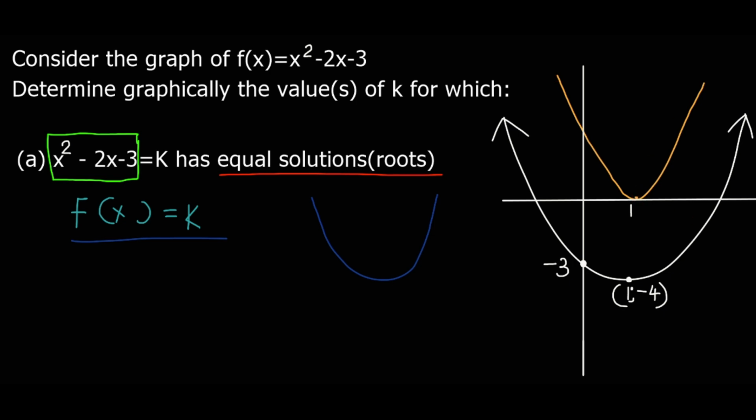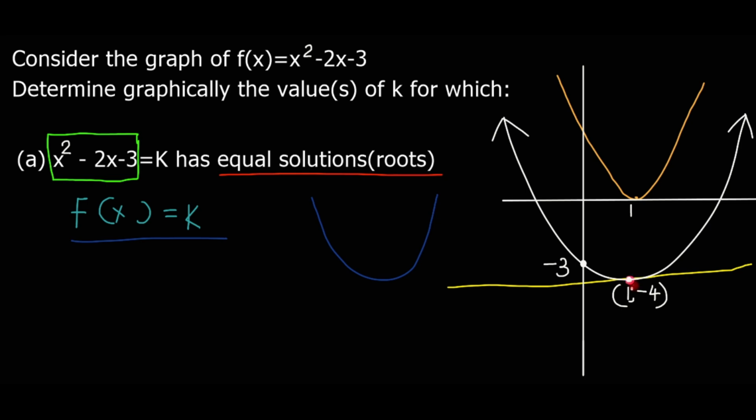But for this problem, f(x) is equal to k, it represents the horizontal line, and this horizontal line will act as the x-axis. So it means if this is the horizontal line, we want it to touch our graph at 1 point. So this line will touch this graph at this point. So it's 1 point.